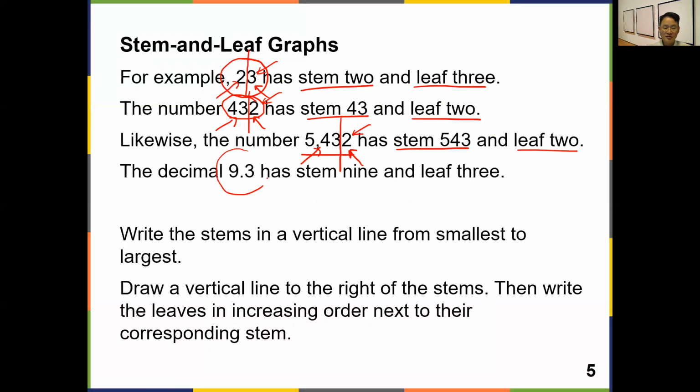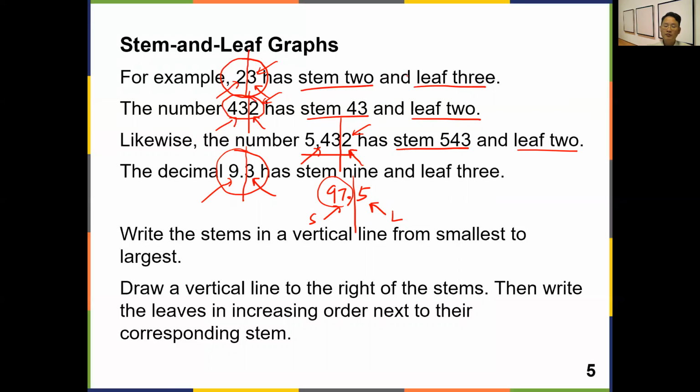Now let's say you have this decimal number, 9.3. Again, you cut it right here. That's going to be the leaf. That's going to be the stem. Let's say you have 97.5. Again, you cut it right here. That's going to be the stem. This is going to be the leaf, just like that.